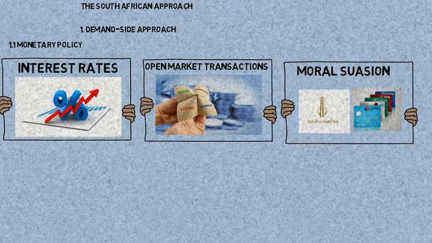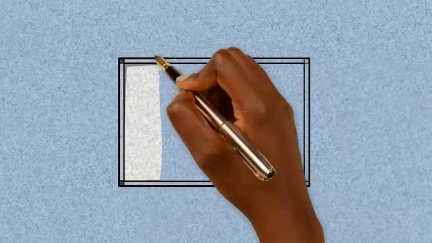If we are moving towards the boom phase or the prosperity phase, then the South African Reserve Bank is going to ask commercial banks to increase their interest rates so that people take less loans and less credit.